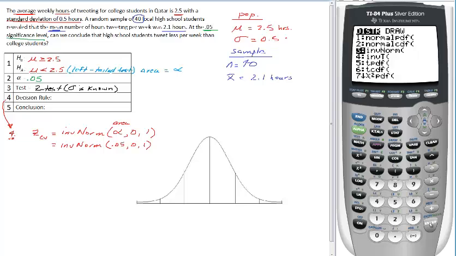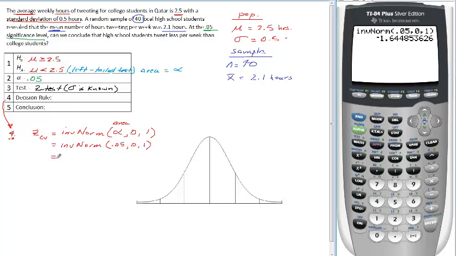Go to number 3, inverse norm, and it's asking you for the area, which we're using 0.05. The mean is next. Mu, which for a z-score is 0, and the standard deviation for a z-distribution is 1. So we enter several times, and we get negative 1.645, a very common value. We'll see that probably pop up in other problems again.